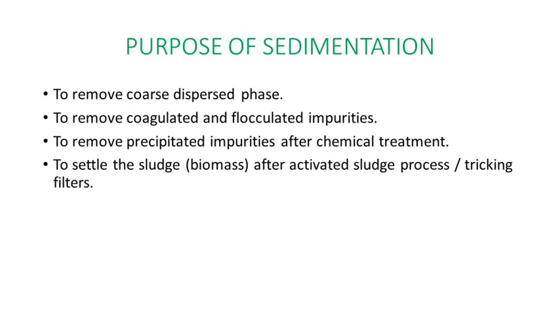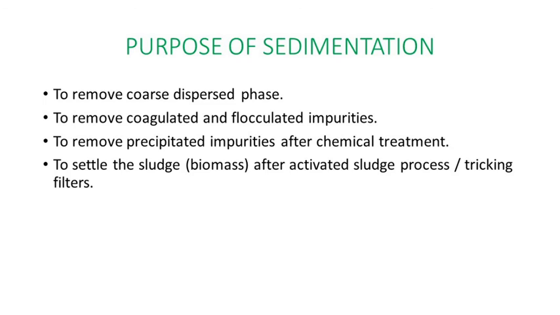Next, to settle the sludge biomass after the activated sludge process and the trickling filter. These processes are generally used for the oxidation of organic matter in the case of wastewater and sewage. Sewage is nothing but the wastewater generated from houses. That sewage and wastewater is treated by the activated sludge process or the trickling filter.